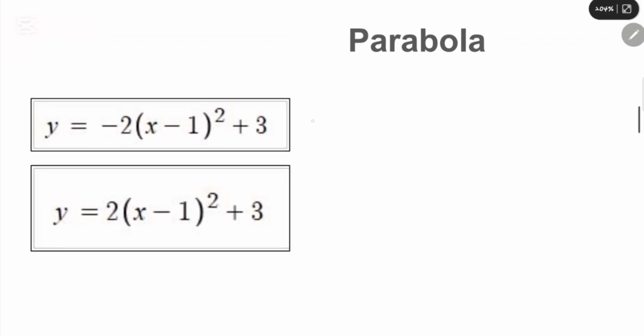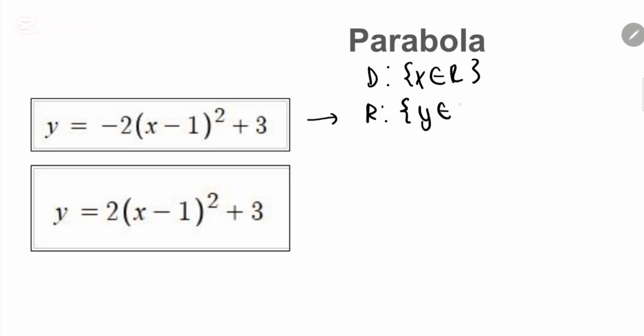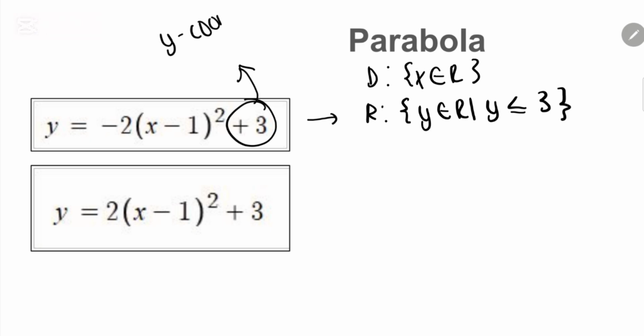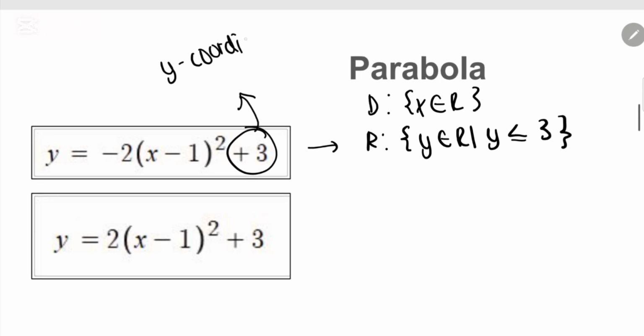So the domain and range of this, just to give you a clear idea, our domain x ∈ ℝ always for a parabola, and our range will be y ∈ ℝ, such that y is smaller or equal to 3. Right, this is in vertex form, and this is always the y coordinate of the vertex.